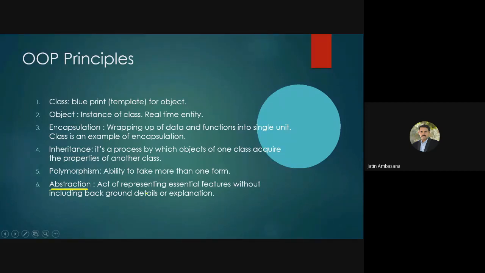And there is abstraction. What is abstraction? It is a way to represent some essential features without including the background details or explanation. Abstracting real world entities into software entities is the process called abstraction. If you say you are making a class of the real world entity car, it doesn't mean this is a physical car.